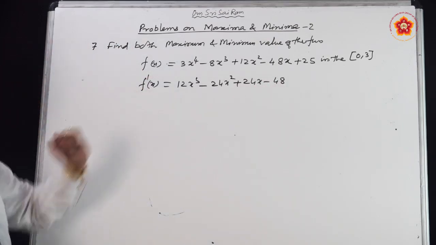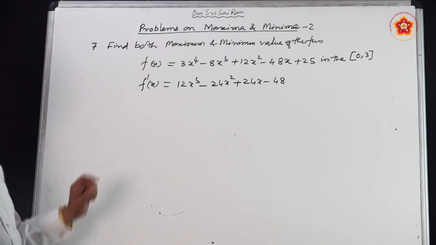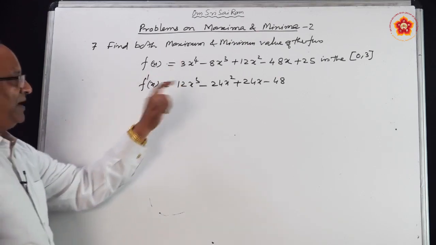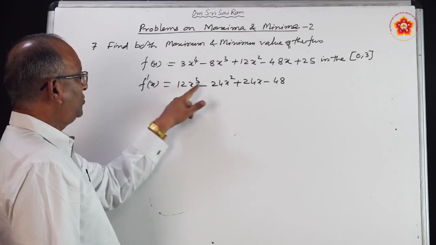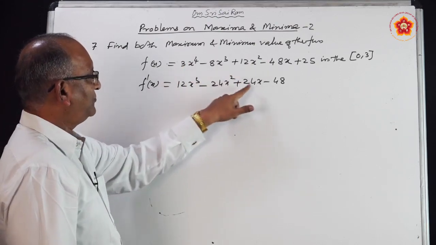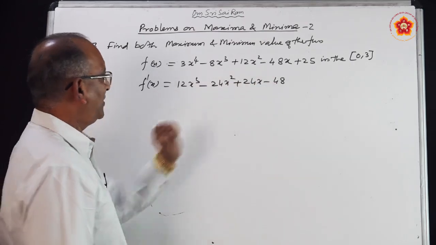The derivative of 25, being a constant, is 0. Then 12x cube, minus 24x square, plus 24x, minus 48.